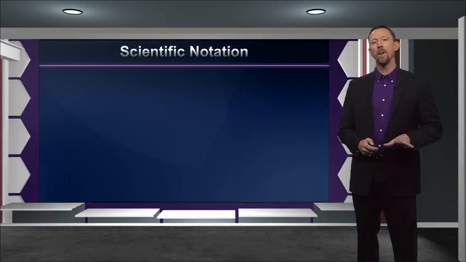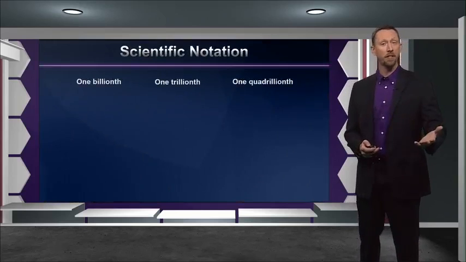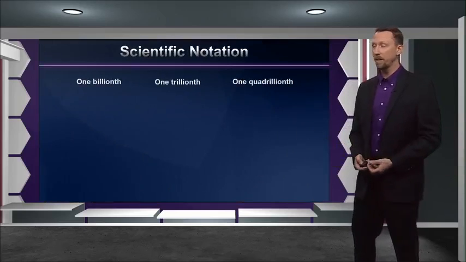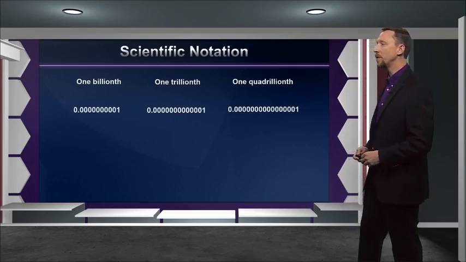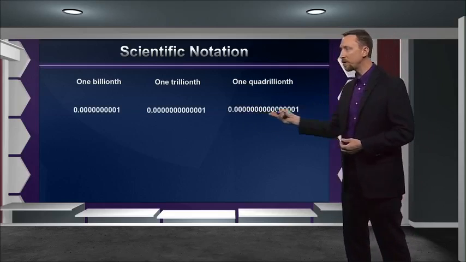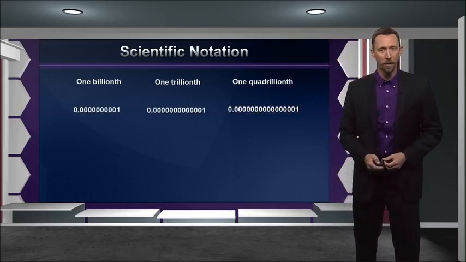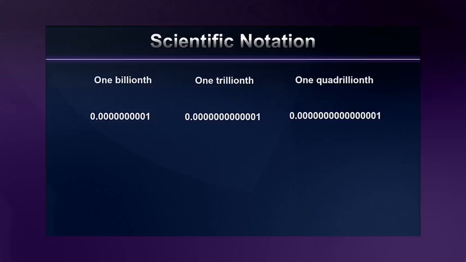Now, this sort of treatment also extends to very, very small numbers. For example, a billionth, a trillionth, and a quadrillionth. Very, very small decimals in which there are meaningful numbers at the end of these, but there are long trails of zeros leading them that do nothing more than convey the magnitude of the number. So once again, we want to find a way to condense that magnitude into a simpler expression.